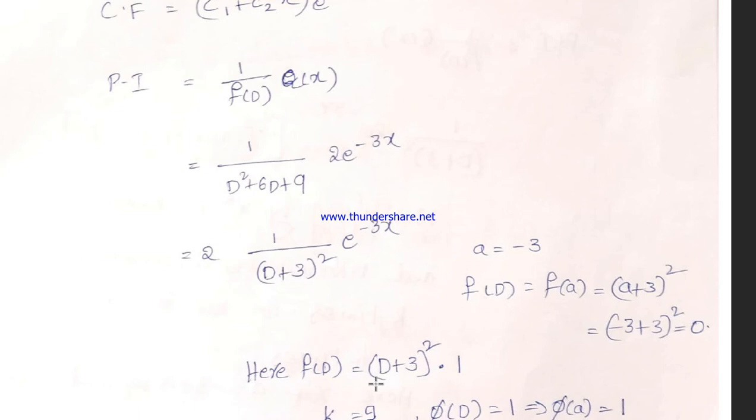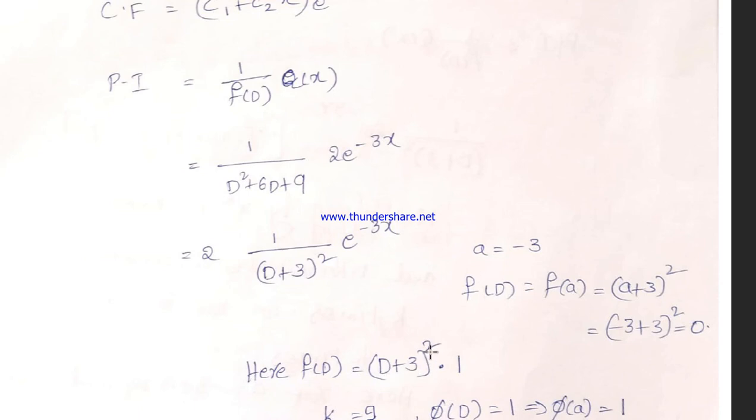So you can multiply the function with 1. So phi of D is equal to 1, and D minus a whole power k is the factor, which is D plus 3 whole square. Because of D minus of minus 3, we get D plus 3 whole power k.